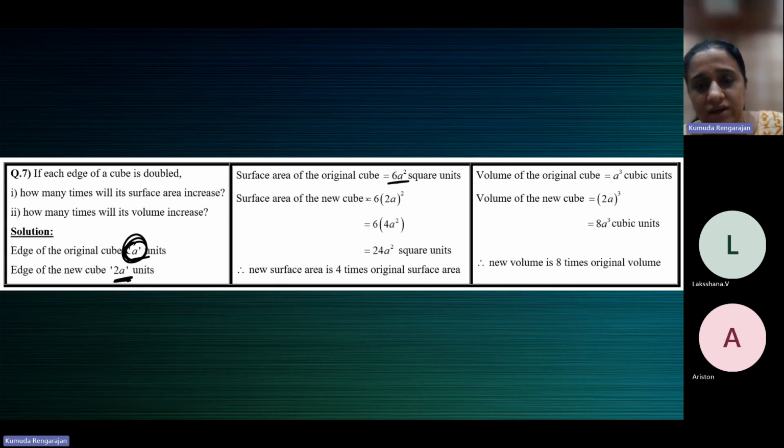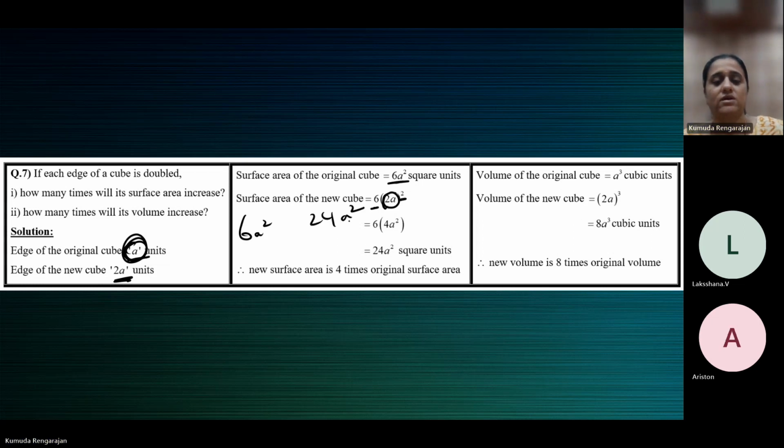The new surface area is 6 into the new edge square, so 6 into 4a square, 24a square. So the new surface area is 4 times the original surface area.